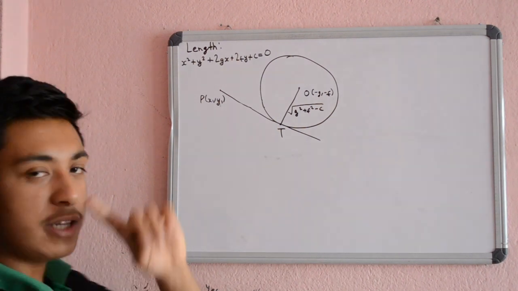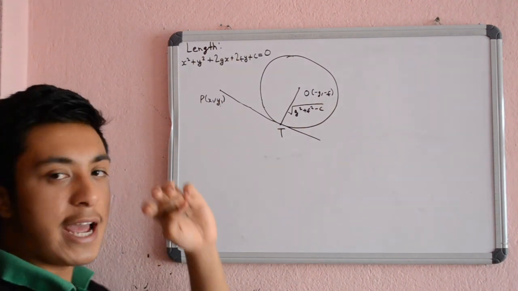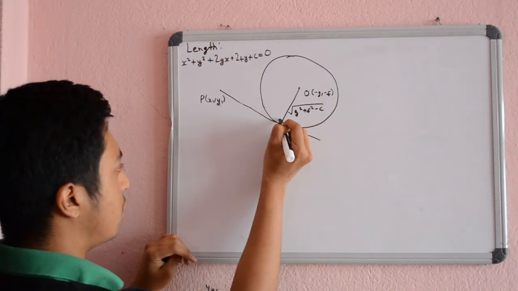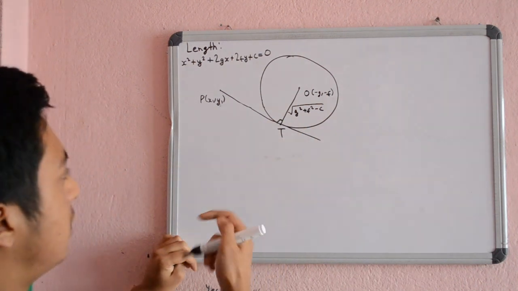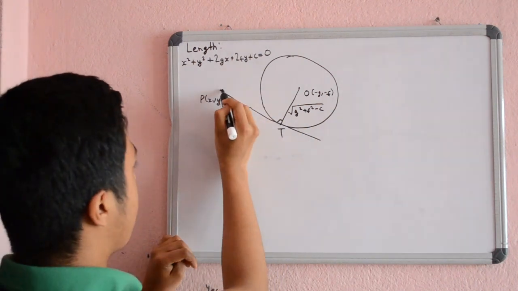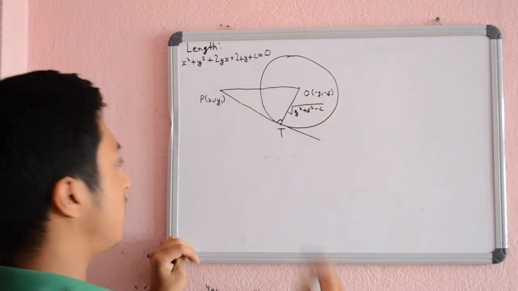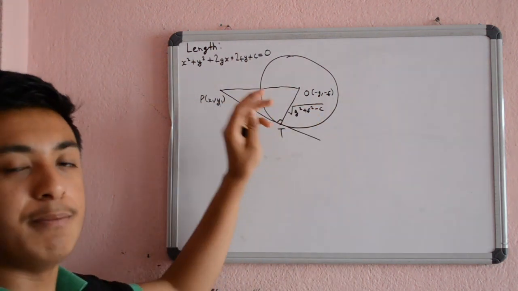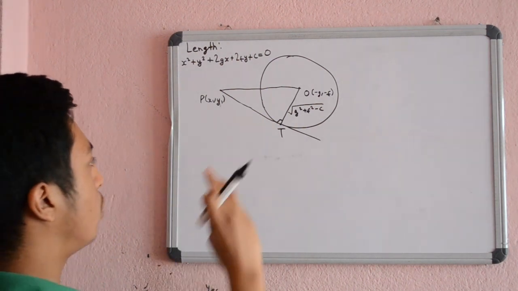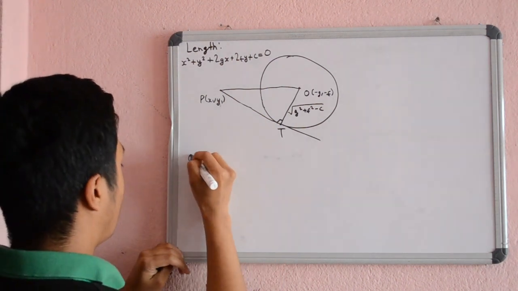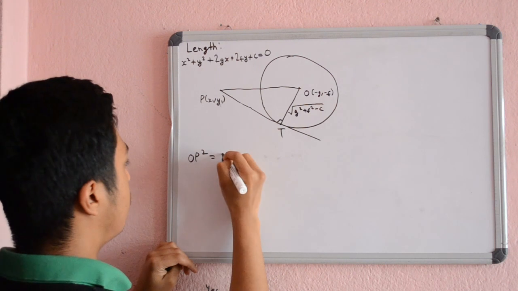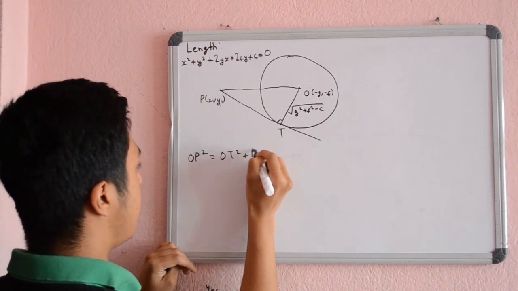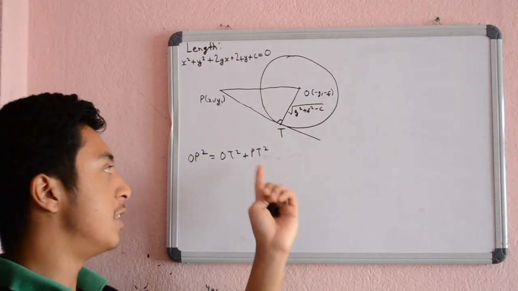And one thing we know, the radius and the tangent are perpendicular to each other. And let's just complete this triangle over here. As you can see, we simply have a right angle triangle, and we can use the Pythagoras theorem. So we'll have OP square is equal to OT square plus PT square, and we want to find PT.